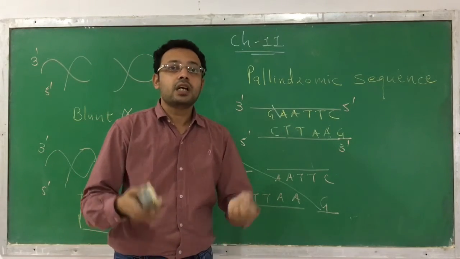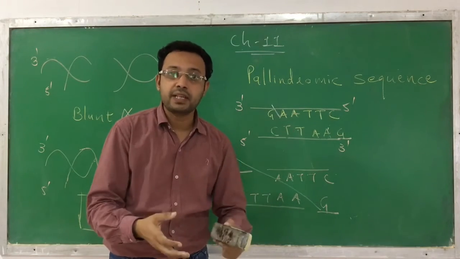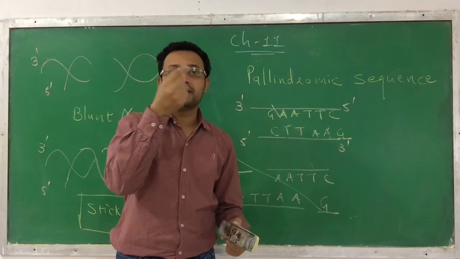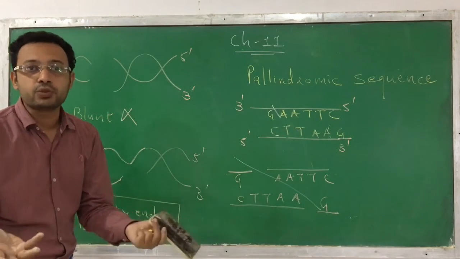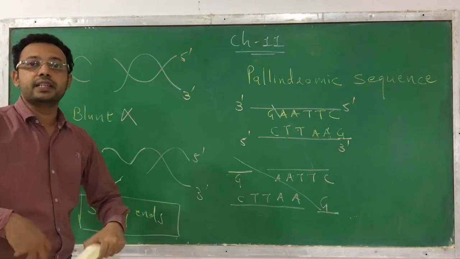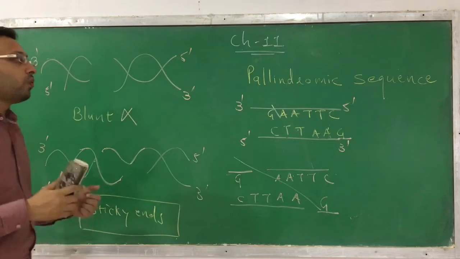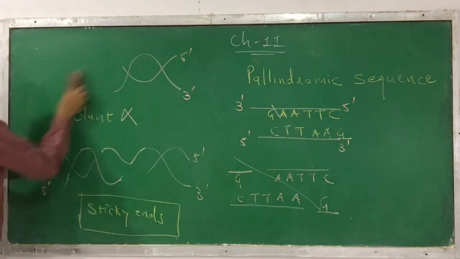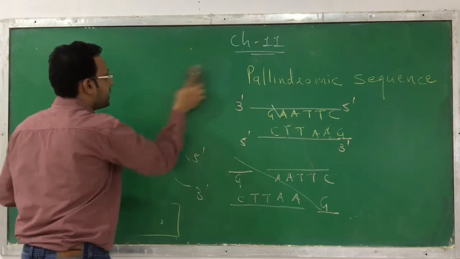These pieces have to be separated, because from these fragments we have to utilize either one or two to form the recombinant DNA molecule. We don't use every piece. We are utilizing a specific fragment to form a recombinant DNA. So once we cut it, we apply the next step, that is separation.